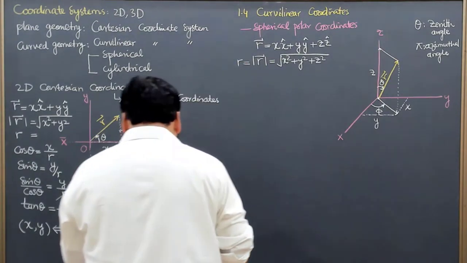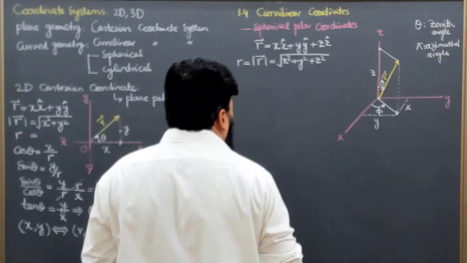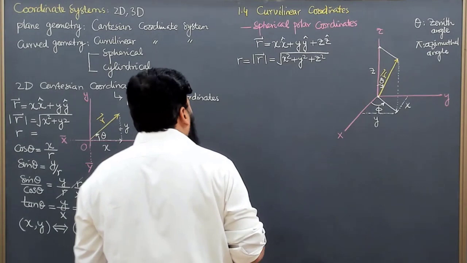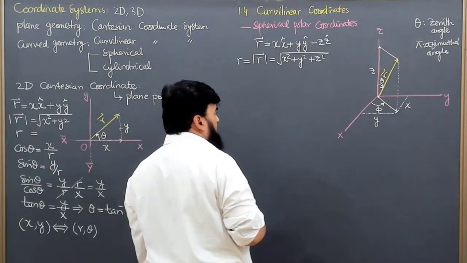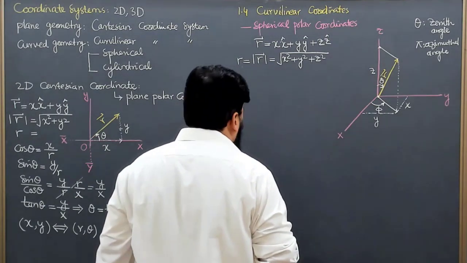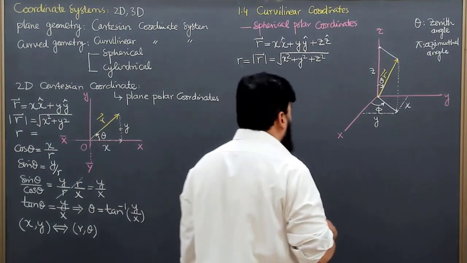Now if I would like to find the value of theta, there will be a value of theta as well. But before going to the value of theta, let me find these components here.